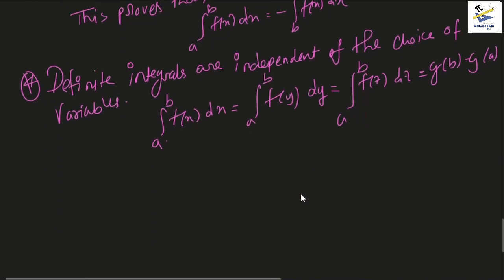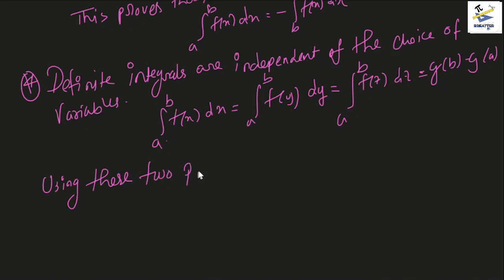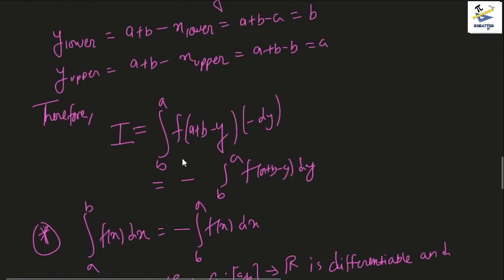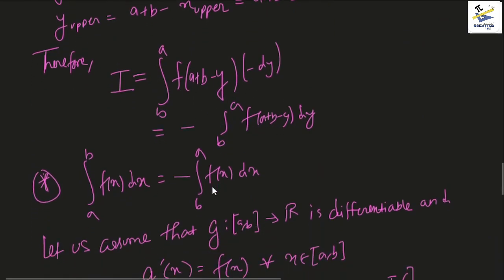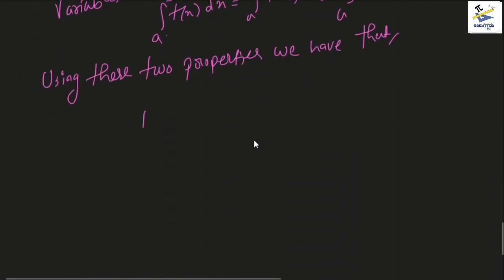So using these two properties, we have that, so remember here we were trying to prove this, so I equals the integral from a to b of f of a plus b minus y dy, and it became minus the integral from a to b of f of a plus b minus y dy.